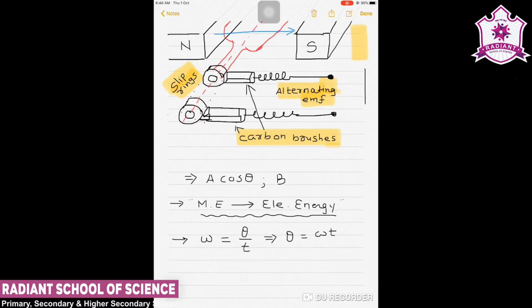Now first of all we consider that at t equals 0, theta is 0 degree, and at any instant t, theta becomes omega t.